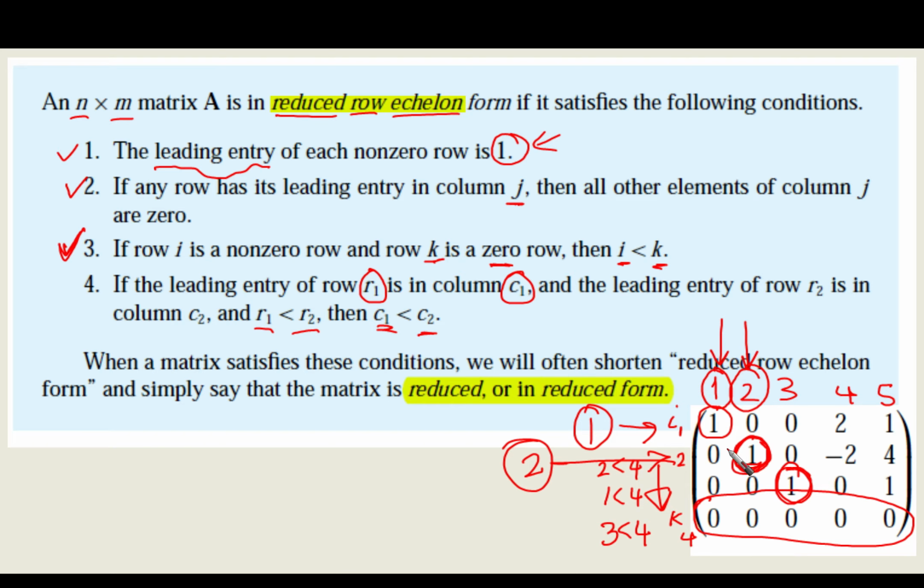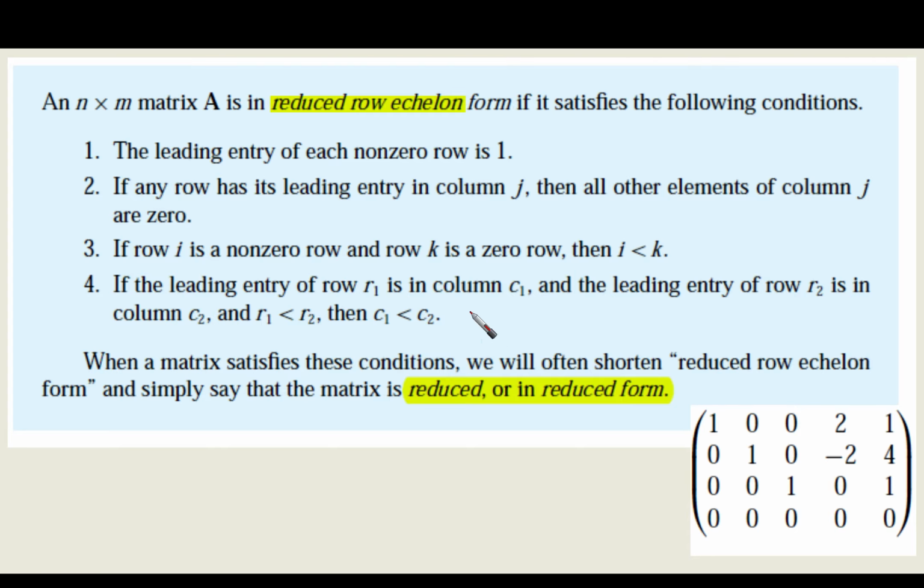And if the leading entry is in row 2, in this element here, then the column having this element should be such that C1 is less than C2. So if we have two rows here, let me clean this up. Here this is row 1, this is row 2. Row 1 equals 1, row 2 equals 2, right? Here we have C1, and here this is C2.